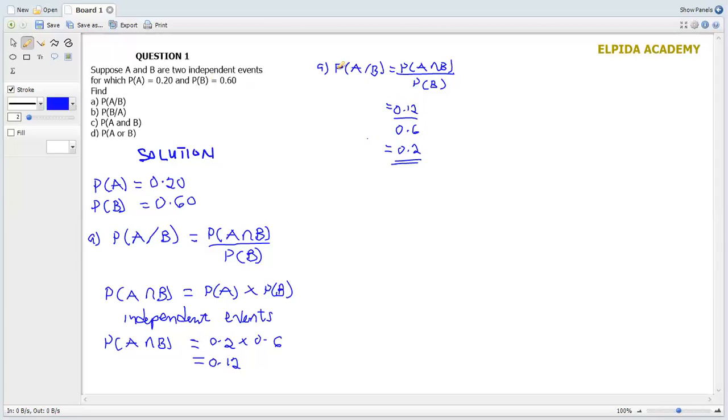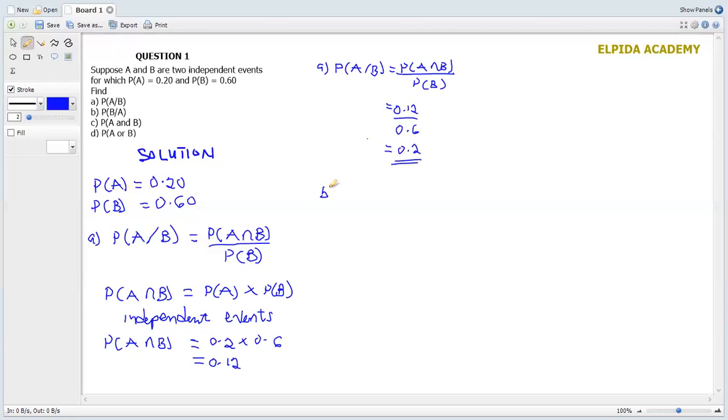So the probability of A given B is equal to the probability of the intersection of A and B over the probability of the one given, B. We have 0.12 over 0.6. The probability of A intersection B wasn't given here, but we know the formula for independent events: the probability of A intersection B is equal to the probability of the first one, A, times the probability of the second, B. So we have it here.